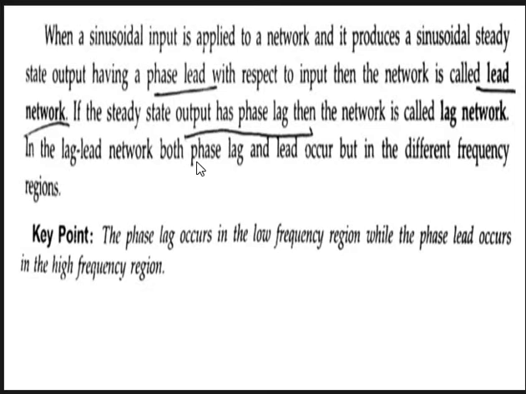In the lag lead network, both phase lag and lead occur, but in different frequency regions. These are called lag lead networks. So the key point is that the phase lag occurs in the low frequency region while the phase lead occurs in the high frequency region.